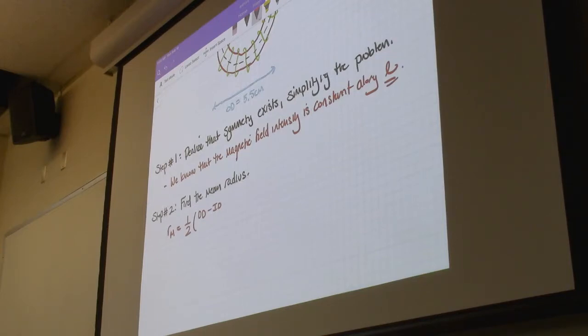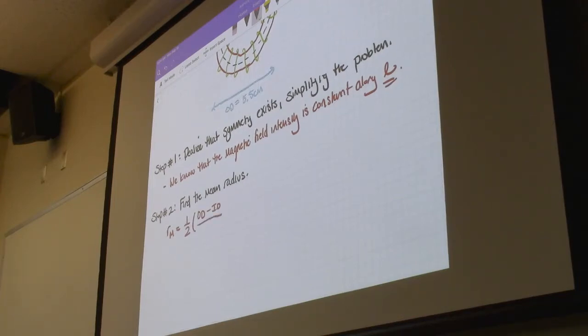I think I included two times. That's a mistake. Hold on. No, that's right. That would give us the mean diameter. In order to find the mean radius, we need to divide that by 2 once more.